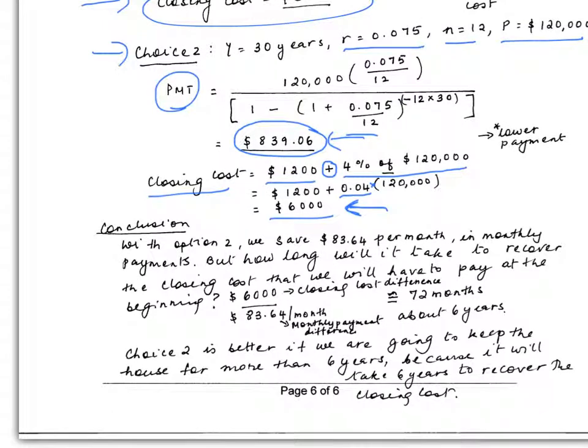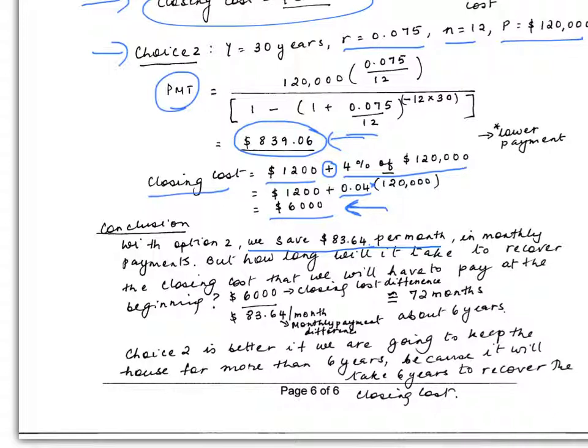So let's just look at the two options. With the first option, we have a lower closing cost. With the second option, we have a higher closing cost. If we go with the second choice, then we save $83.64 per month in our monthly payments.